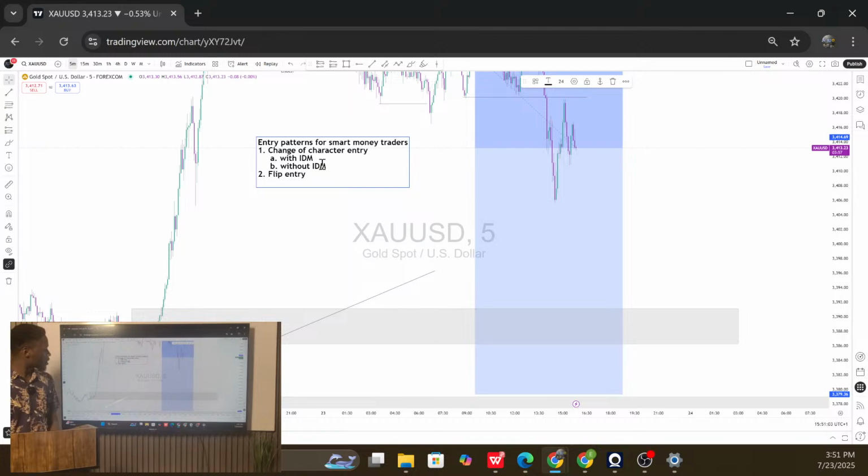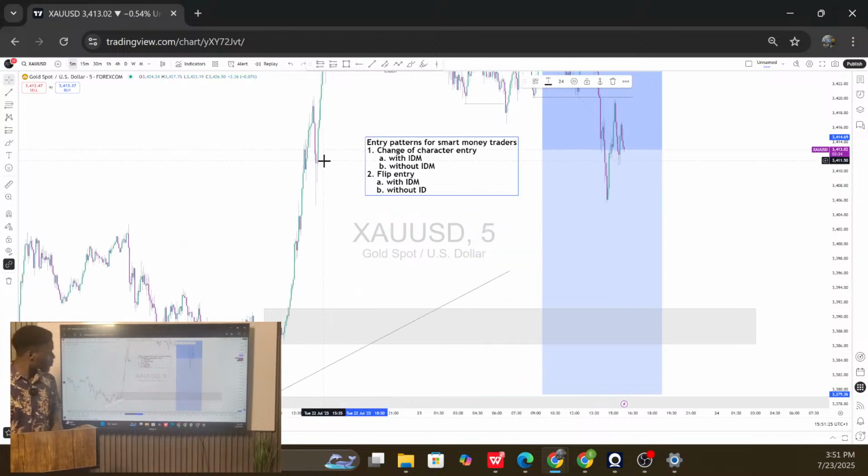Flip entry A goes with inducement, with IDM, and the B part of it goes without an IDM.